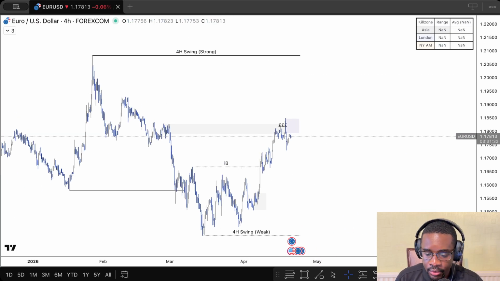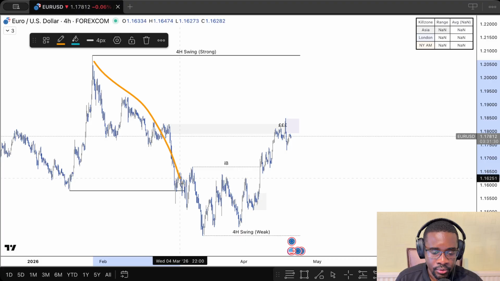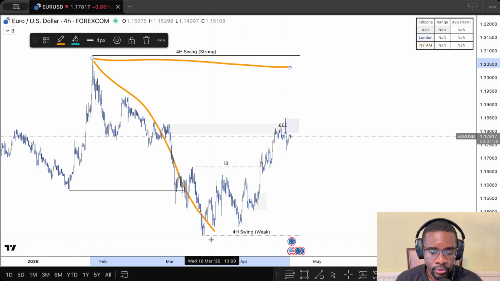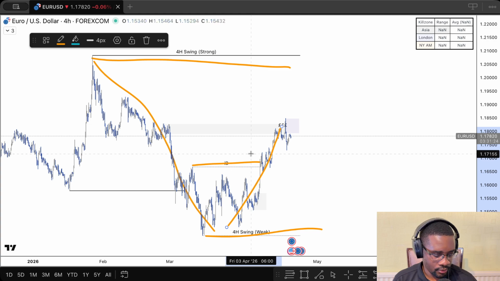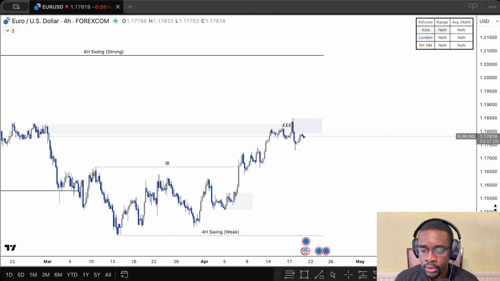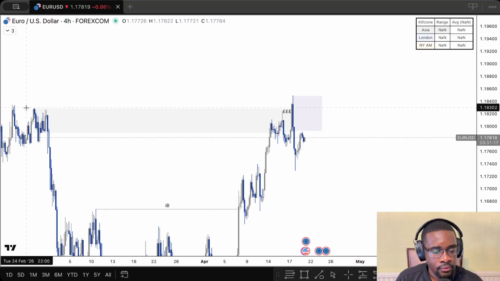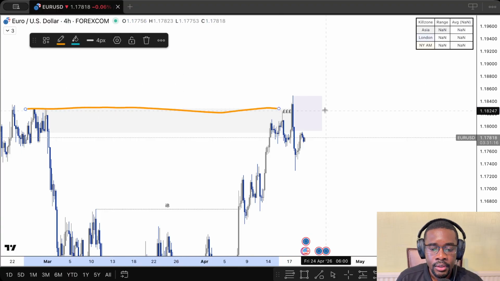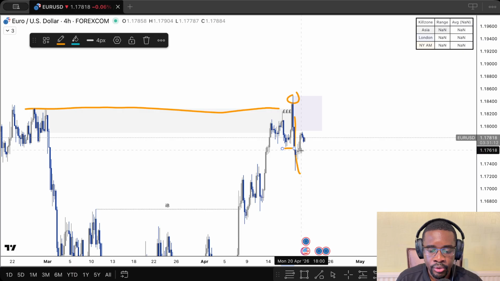This is our swing range, as you can see. Our internal shifted bullish after this break of structure, and then after sweeping these highs, price had a strong bearish reaction.